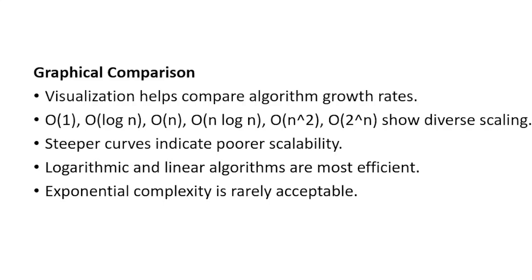Let's say if n is 4, then I'll get 4 square, that will give me 16. So wherever I have steeper curves, that means the number of steps is rapidly increasing, and in that case it will give me poor scalability.